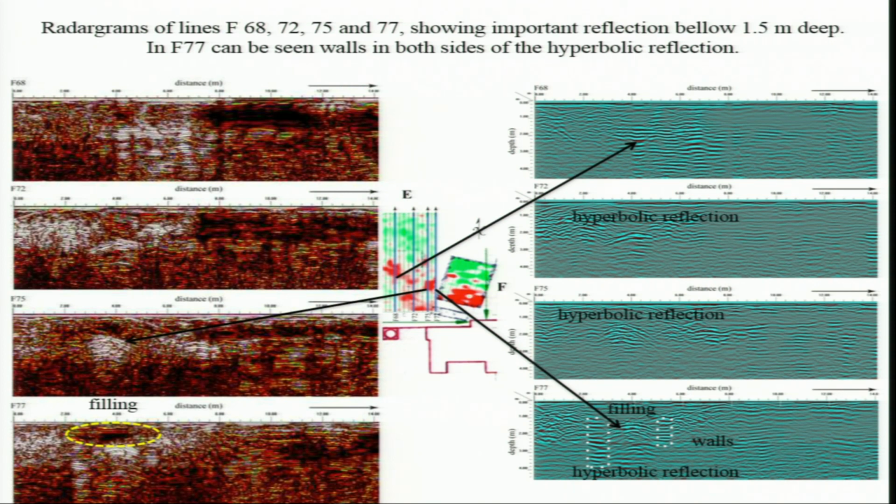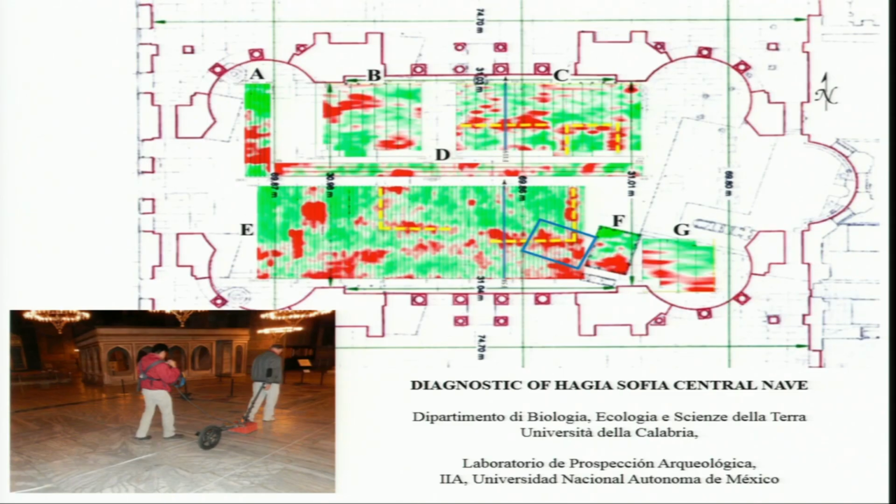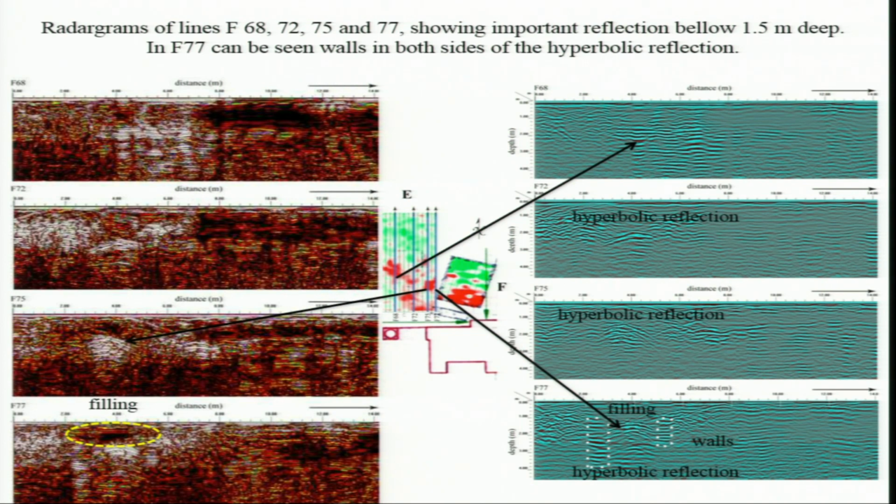One of these interesting things is, I'm going back to let you know, in this specific part, an interesting anomaly that shows us that there is a refill here with some very well-defined lines, perhaps walls here, and a characteristic reflection for some chamber, a small chamber here in this part.